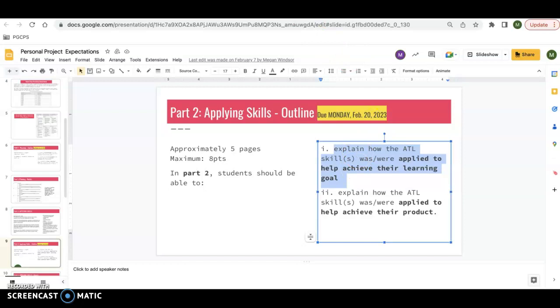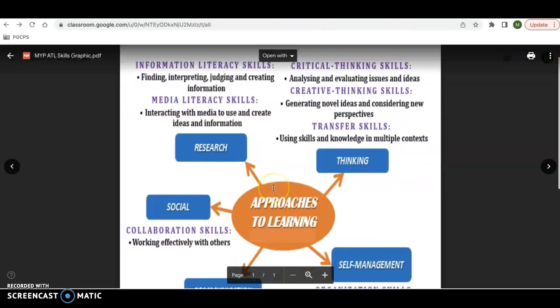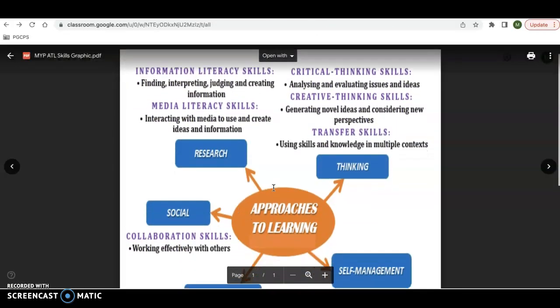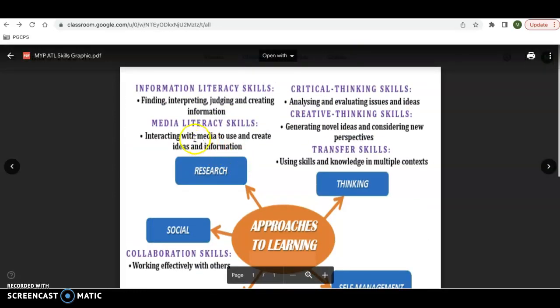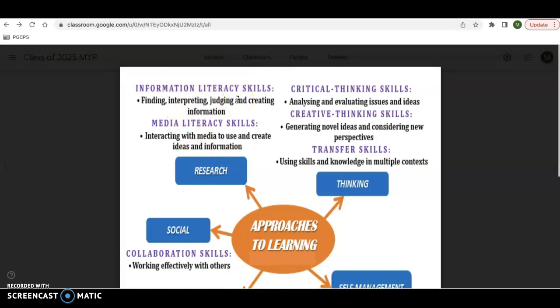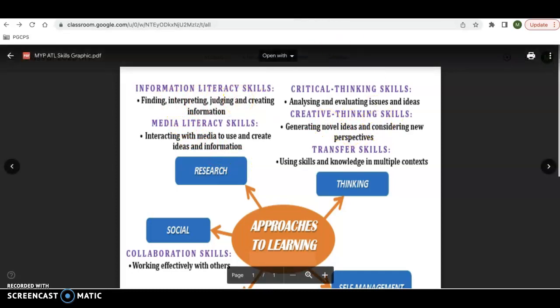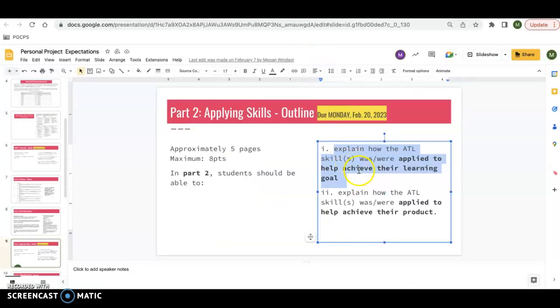So when it comes to my skills, I use my research skills to help me get through that, to learn about that. I used my information literacy skills, and I used my creative thinking skills. Okay, those are 3 ATL skills that I should put towards Roman numeral I or 1 under part 2 of my paper.